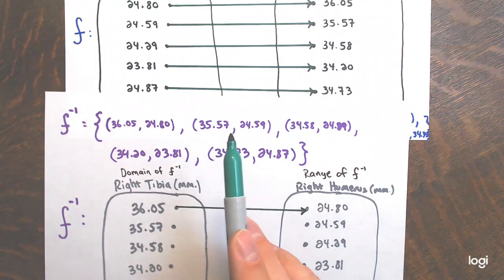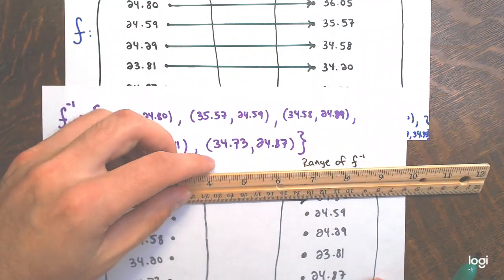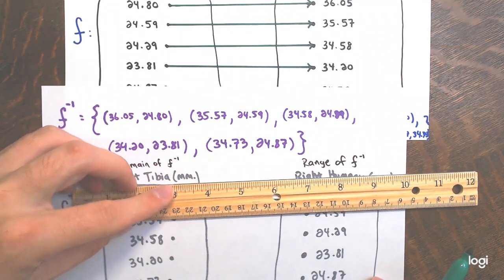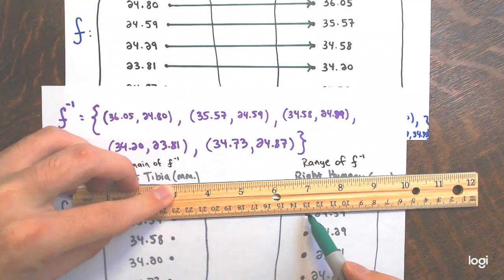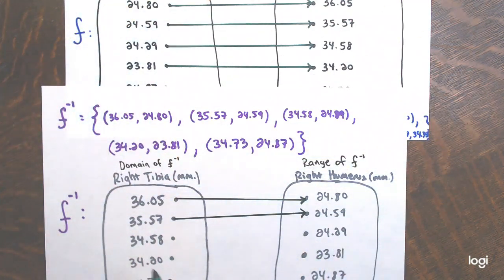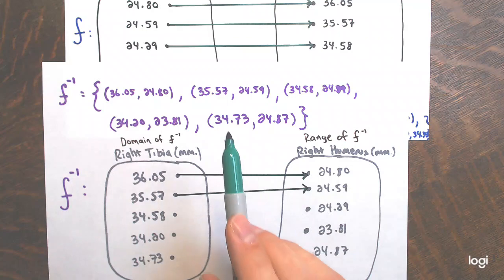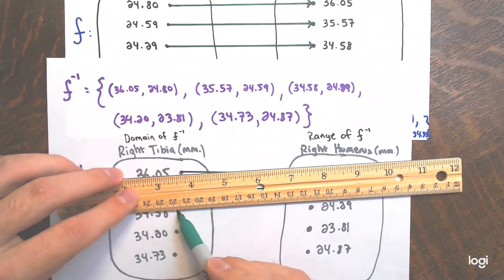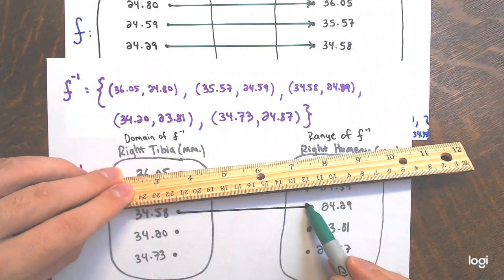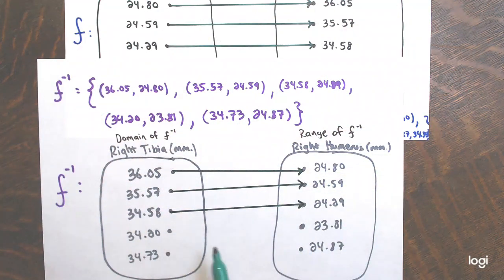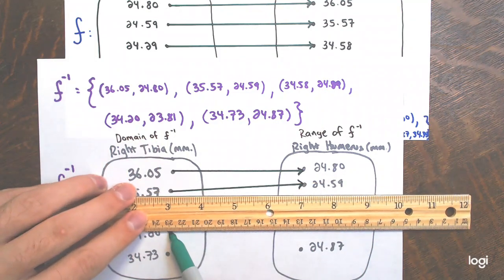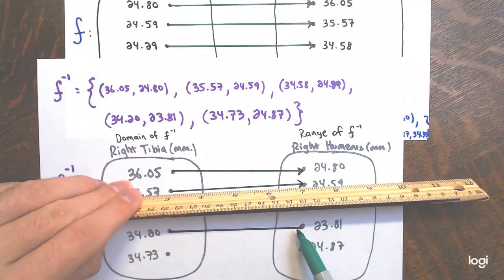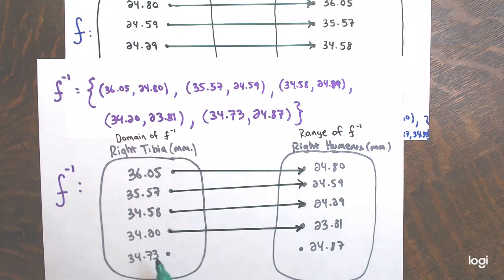You can see that in my ordered pair and in my diagram here. I'll just draw the rest real quick. 34.58 would correspond to 24.29. 34.20 would correspond to 23.81. I'm seeing that in my ordered pairs as well. And 34.73 would correspond to 24.87.